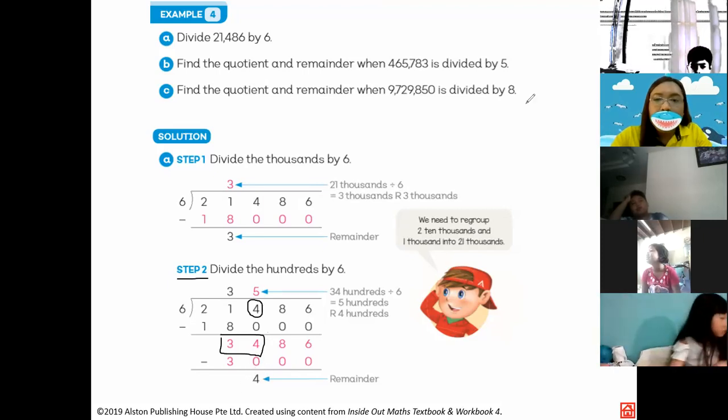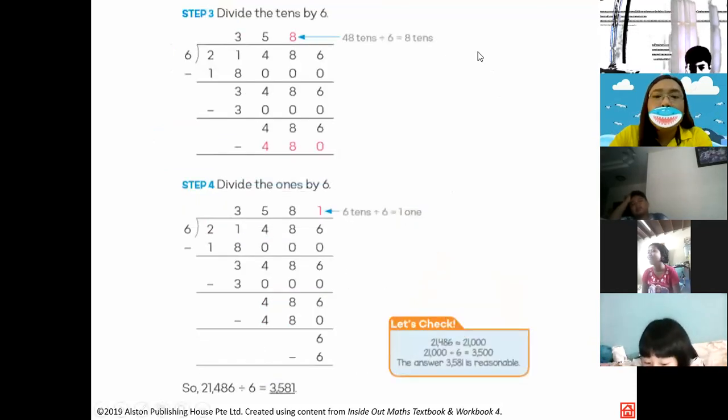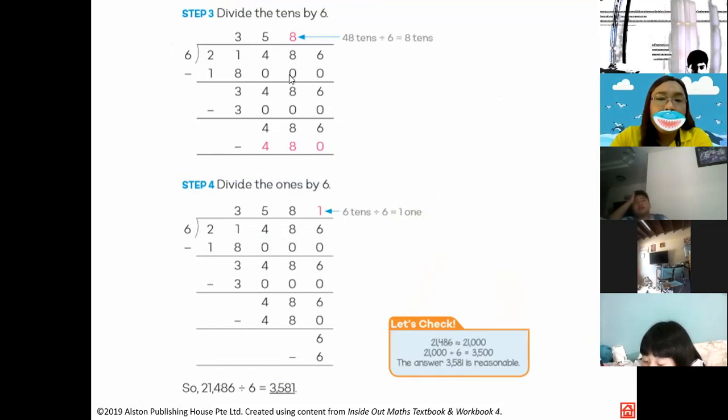Now let's proceed to the next step. Step number 3. In step number 3, class, we already divided the thousands and the hundreds, so now we divide the number in the tens place. We have the 4 as the remainder, so we bring down number 8.